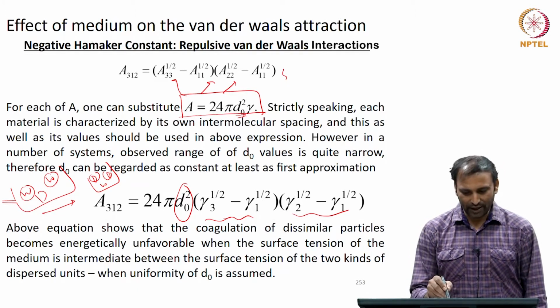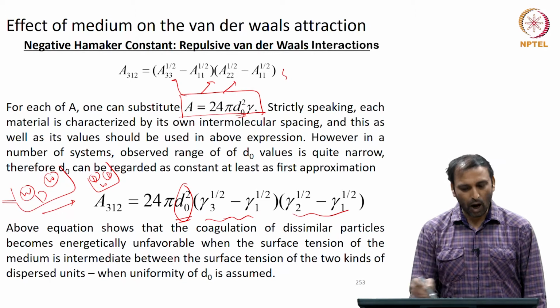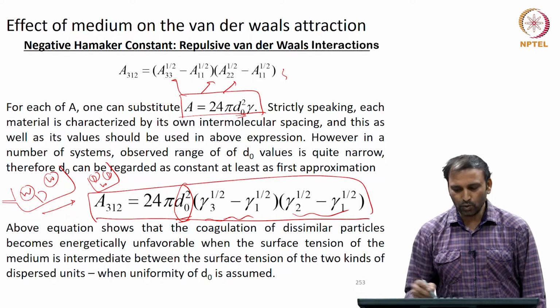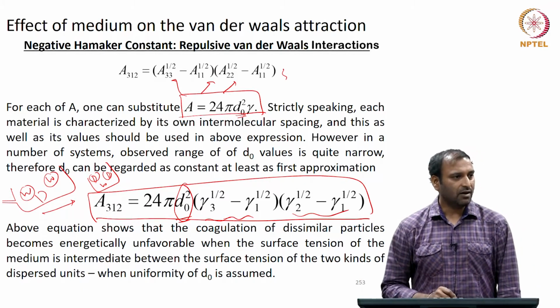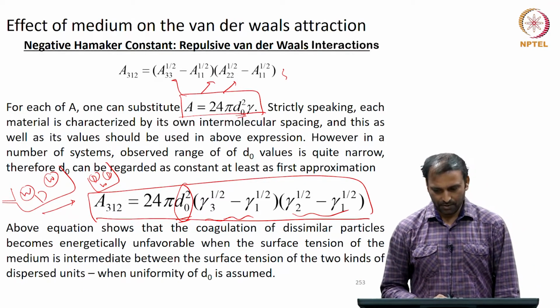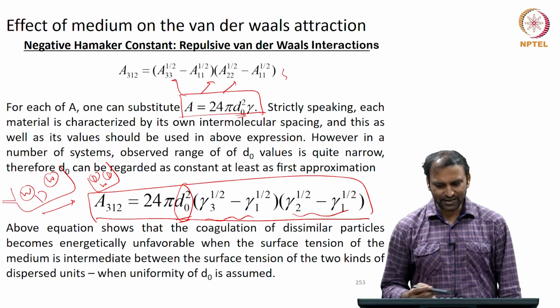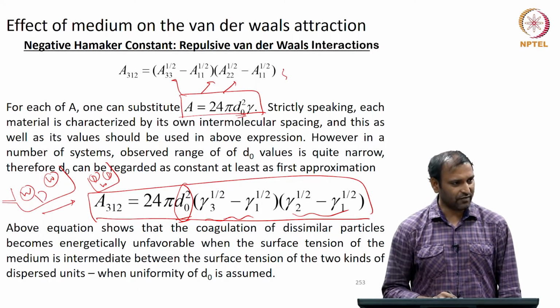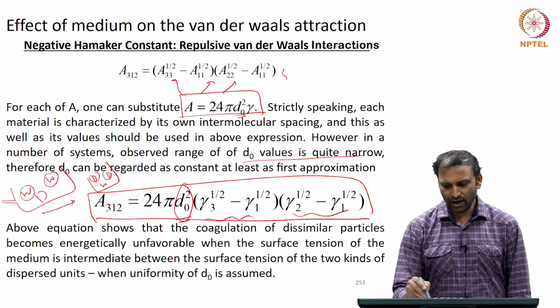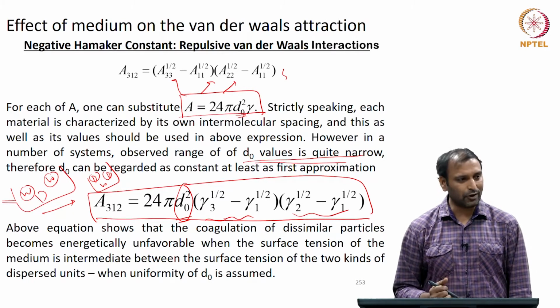If that is the case, I can take d naught out and express A312 in terms of the surface tension values themselves. Of course, that again is an approximation. We are assuming that d naught values are typically in a narrow range.